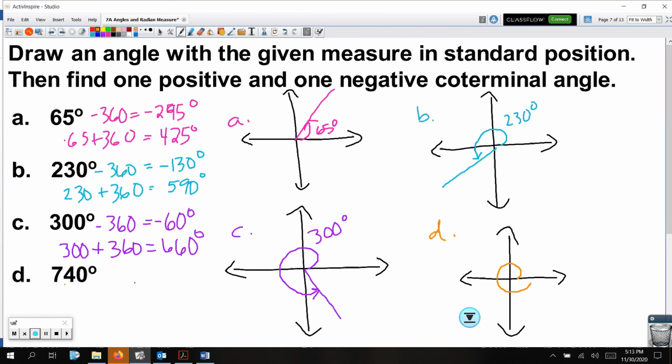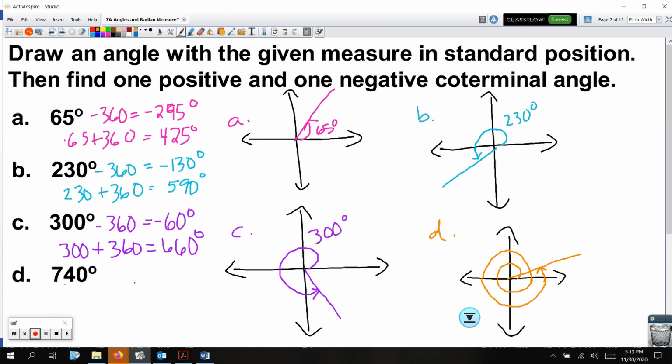So we know once we get here, that's 360. 360 and 90 is 450. 450 and 90 is 540. 540 and 90 is 630. 630 and 90 is 720. Okay, so now I've made 2 full rotations and I need 20 more. About there. Okay, you know, we do the best we can.